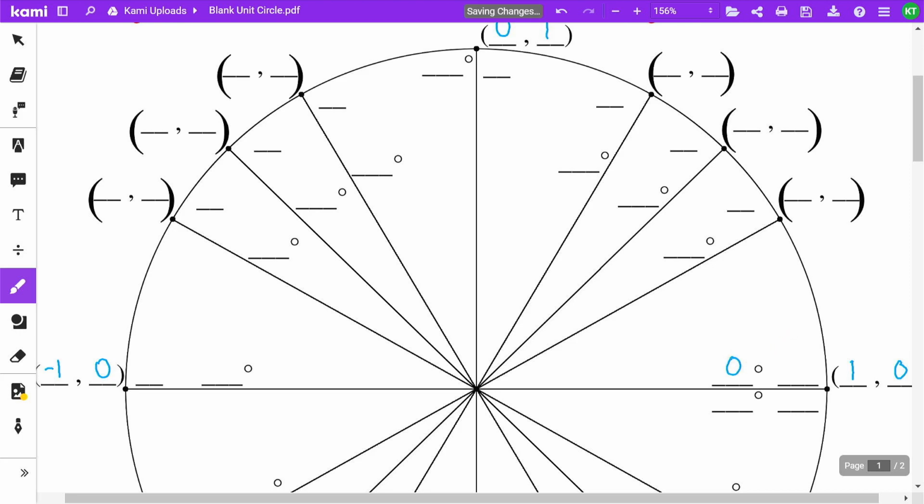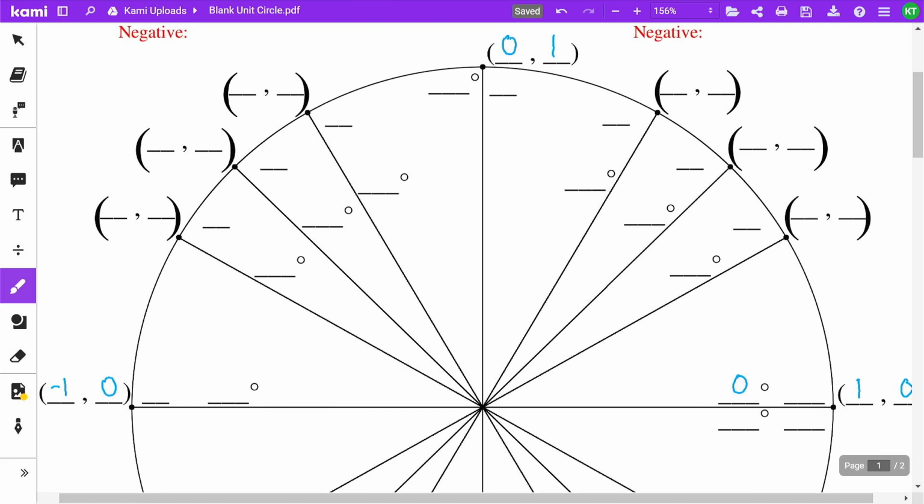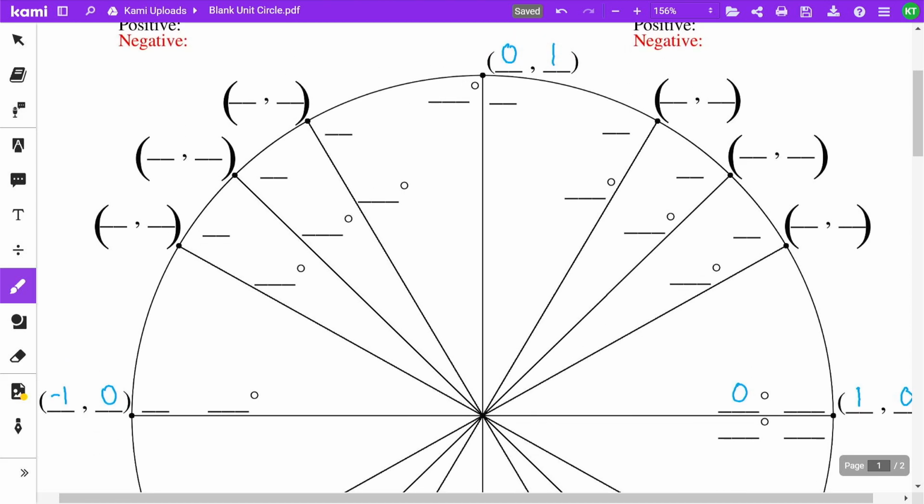0 degrees, and let's do our first upper half of our circle here. Half a circle is 180 degrees. Half of that is going to be 90 degrees. And then half of 90 degrees, which is right here, is going to be 45 degrees.